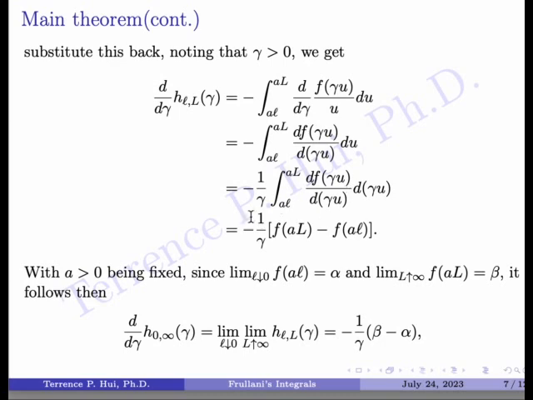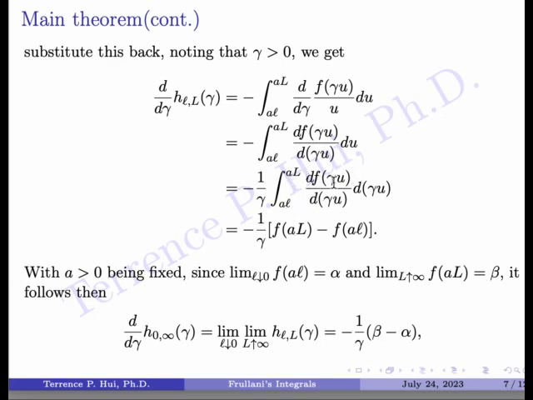All right, so this becomes minus 1 over gamma times this integral. But now hold on. If you remember in undergrad, even in first year calculus, they talk about the fundamental theorem of calculus, which says that when you integrate a derivative, it's the same as the antiderivative, or the original function, evaluated at the upper and lower limit.